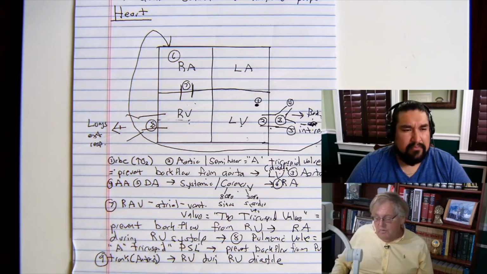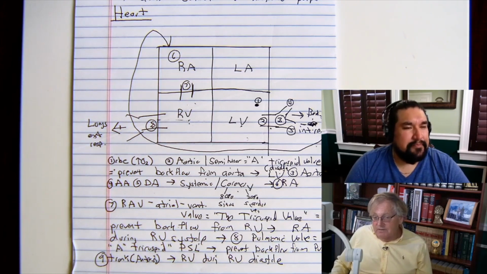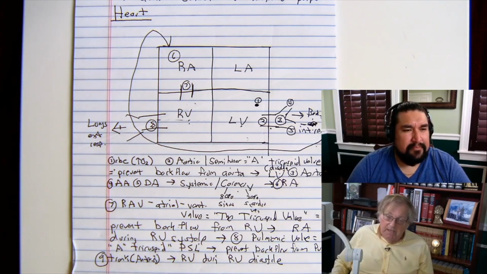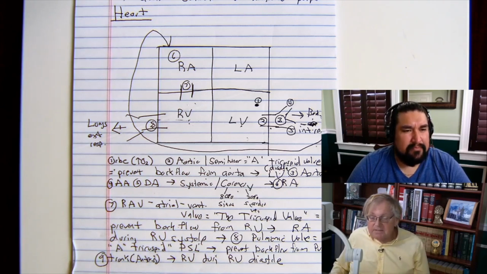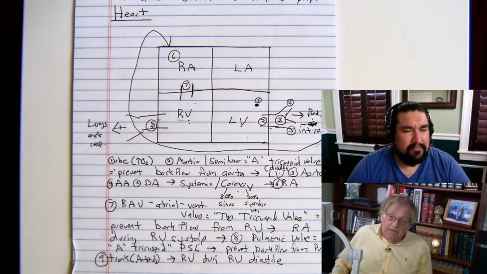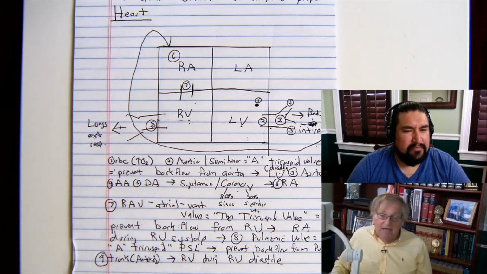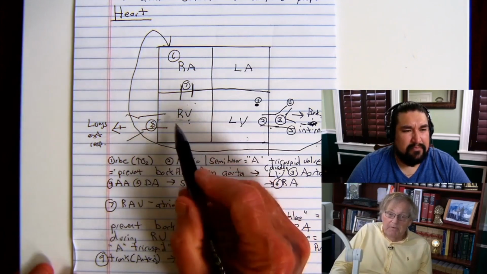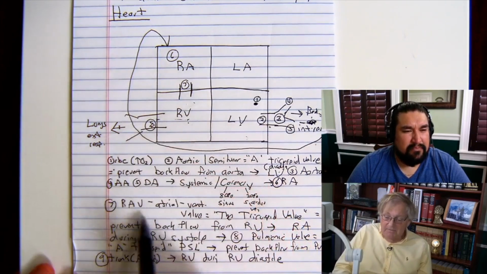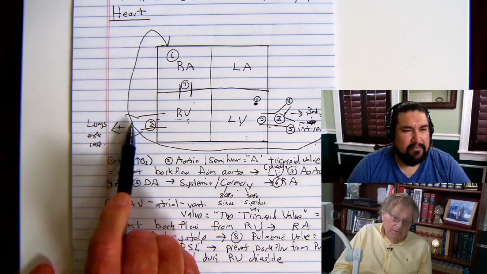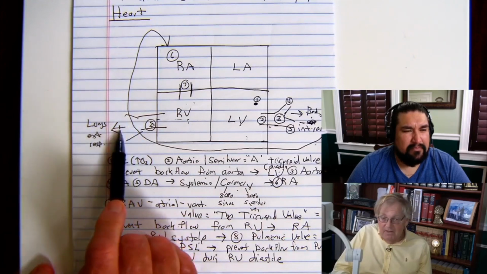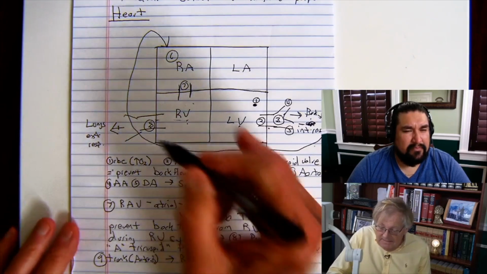Now the question is, where does it go? If you think about the lungs, remember each lung has got one pulmonary artery and 2 pulmonary veins. Remember, the pulmonary artery is going to have venous blood. The pulmonary veins are going to have arterial blood. So therefore, that pulmonary artery that came out of the pulmonary trunk, one to the right lung and one to the left lung, is going to have to go back into the heart.